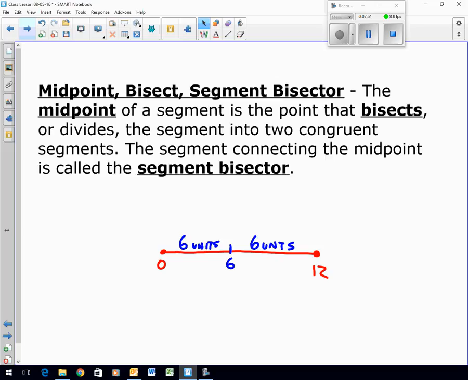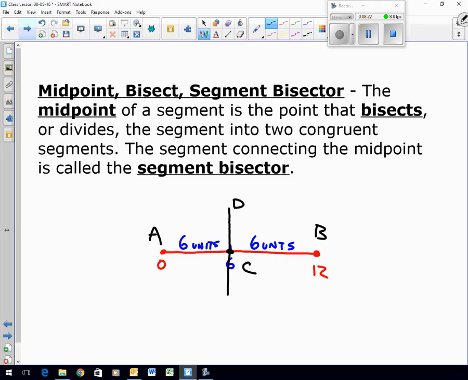Let's say that we weren't using a ruler. Let's say we're actually using what we've been doing so far, like line segments, right? I define these as point A, point B, we'll call 6, we'll call this point C. A segment bisector would be a segment that cuts something in half.